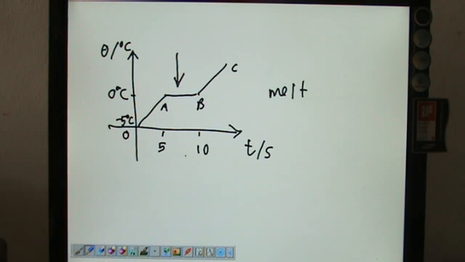So from 5 seconds to 10 seconds, there's no change. And after that, from B to C it has changed completely to water. And here perhaps water and solid coexist, half of this and half of that maybe. Okay, so here is completely a cube of ice.